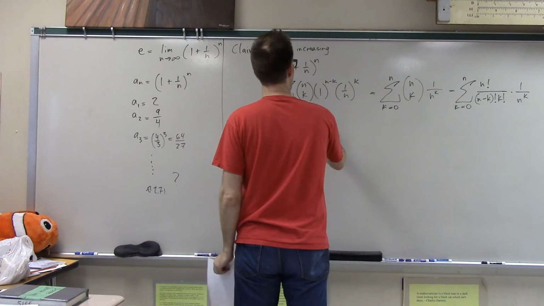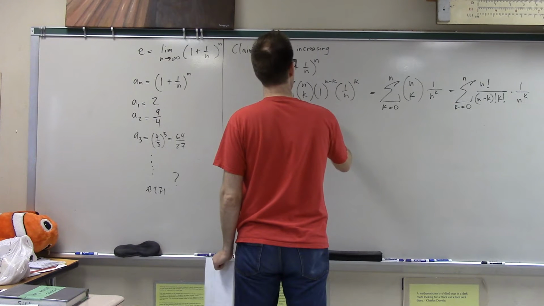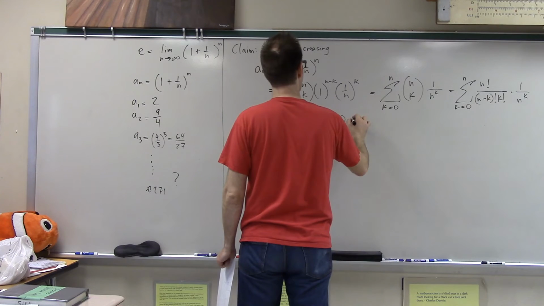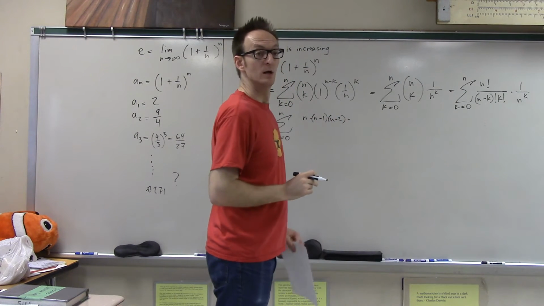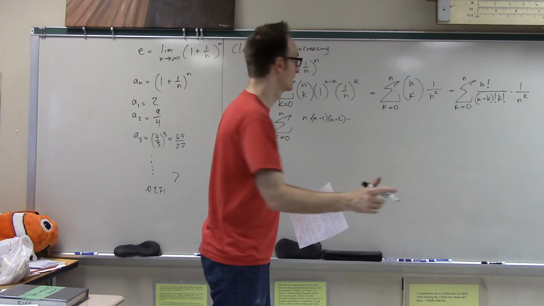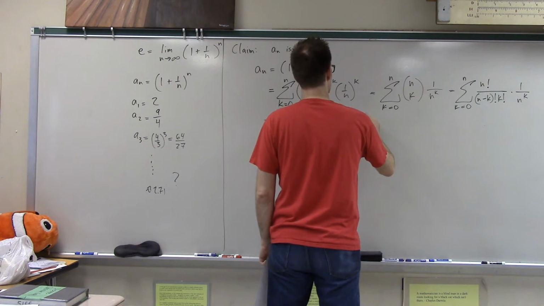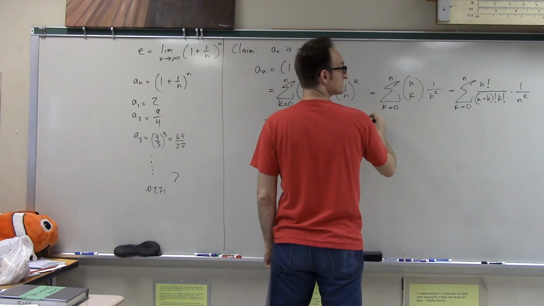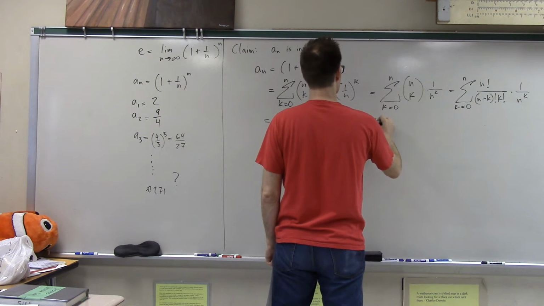So really this is n minus 1, n minus 2, and I stop at, what's the last one? n minus k plus 1.